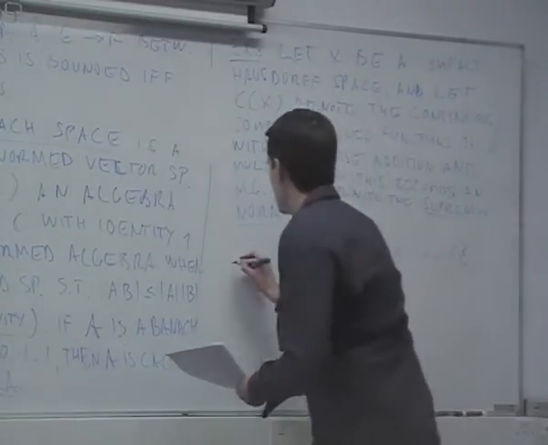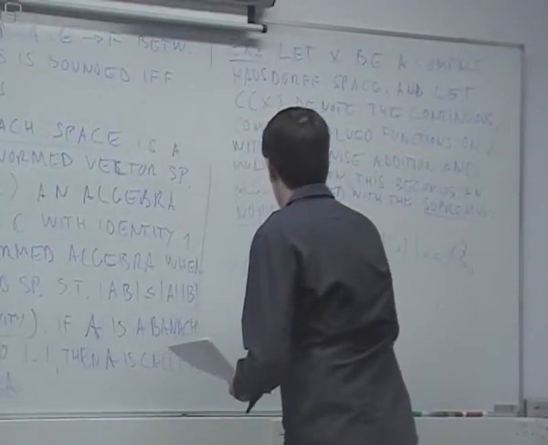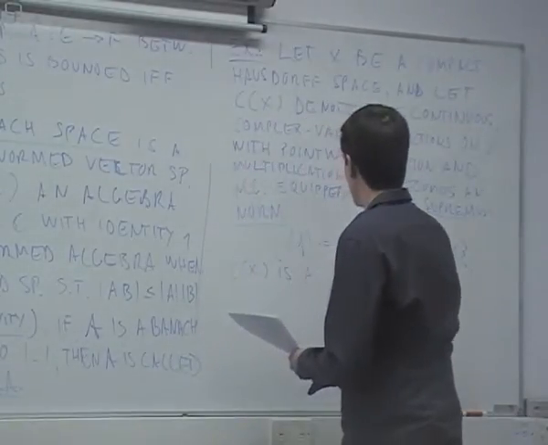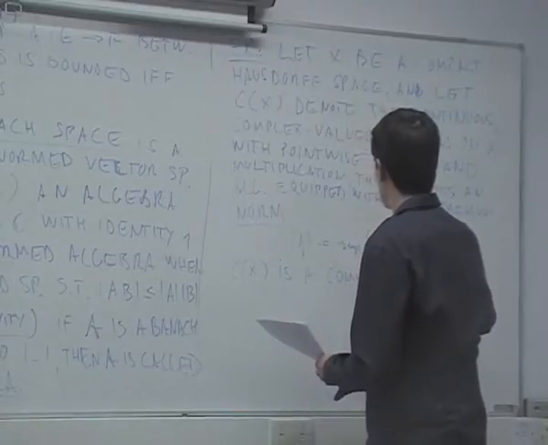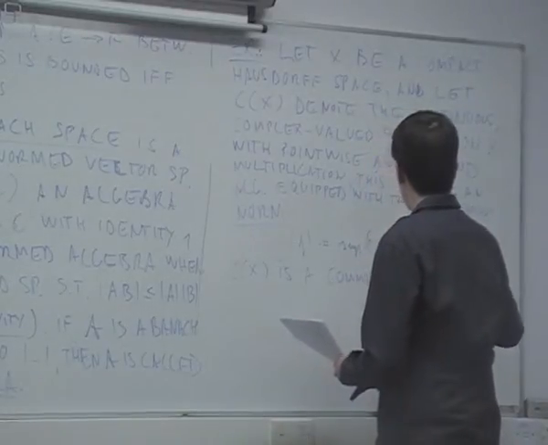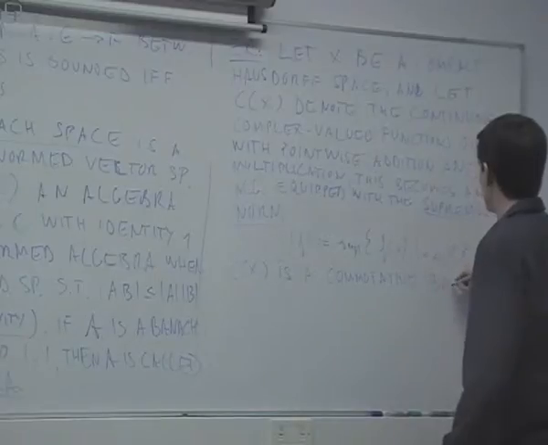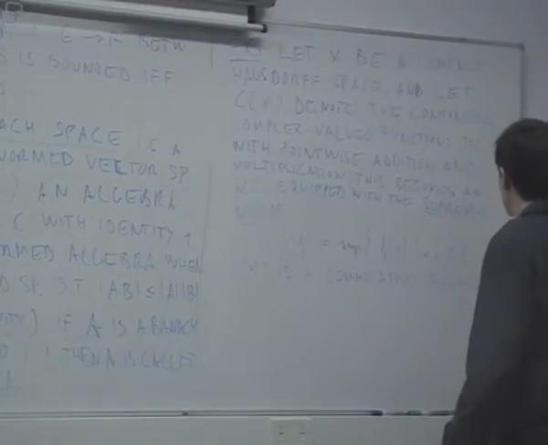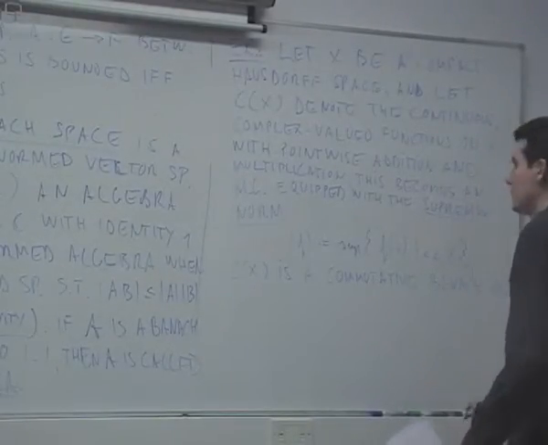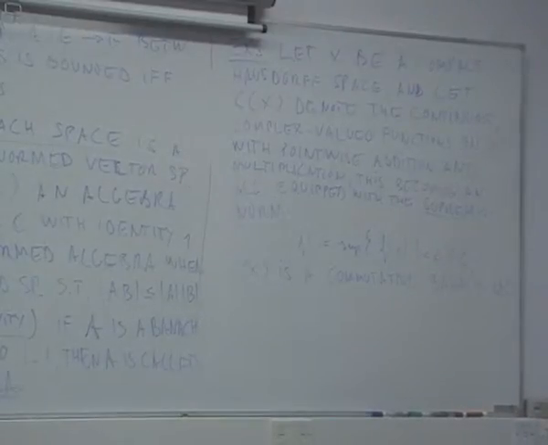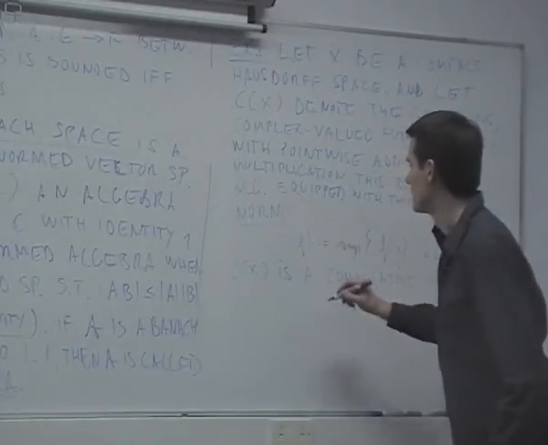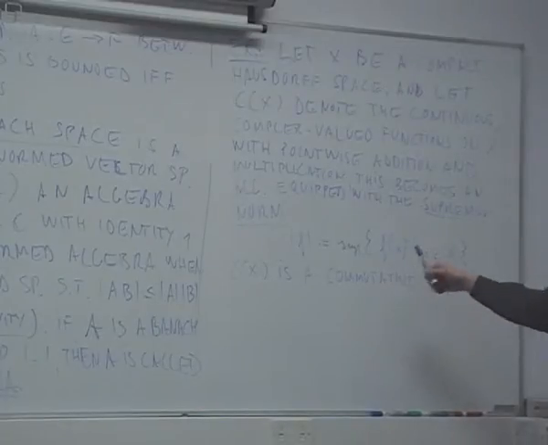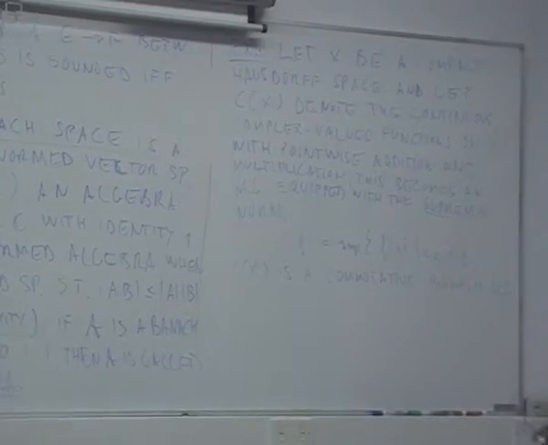This C(X) is commutative. Okay. You just evaluate the function on all elements in your space and you take the supremum. Why is this sensible to do?